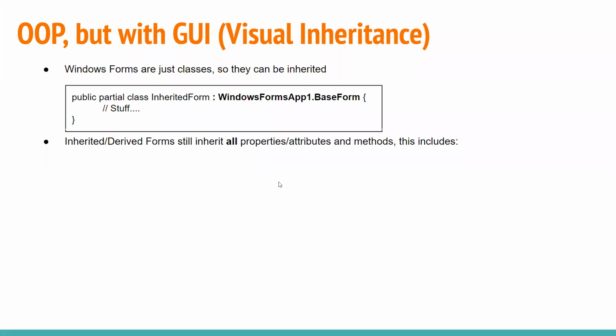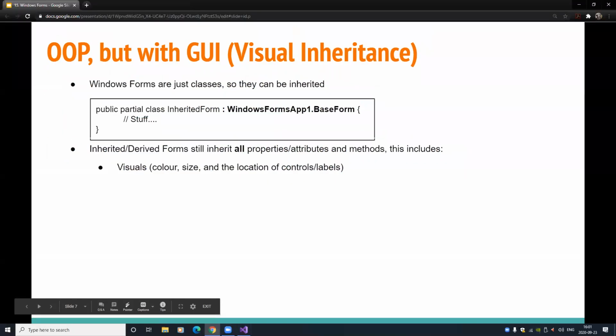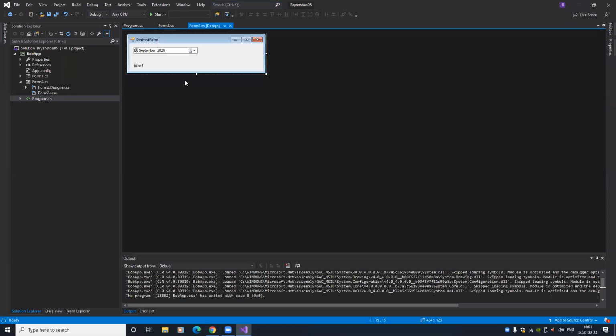So they inherit all of the properties, attributes, and methods. That includes the visuals. They inherit the color, and as you saw, that's why I wanted you to take note of it. When you see the size of form 2, I didn't have to change it.